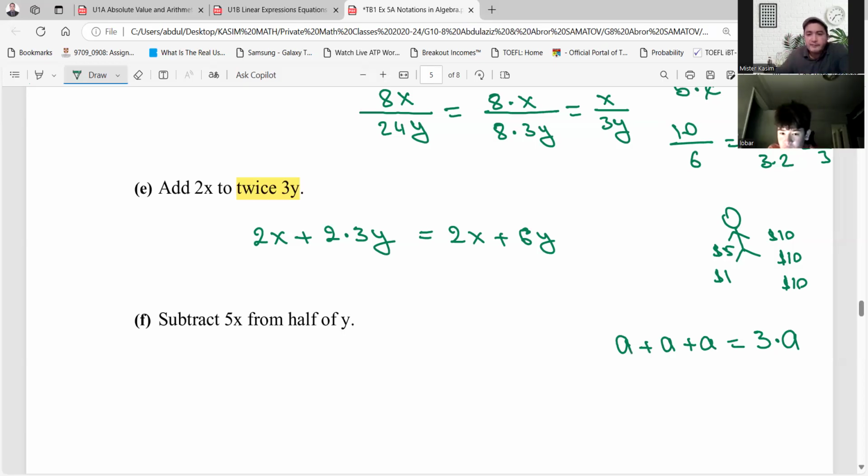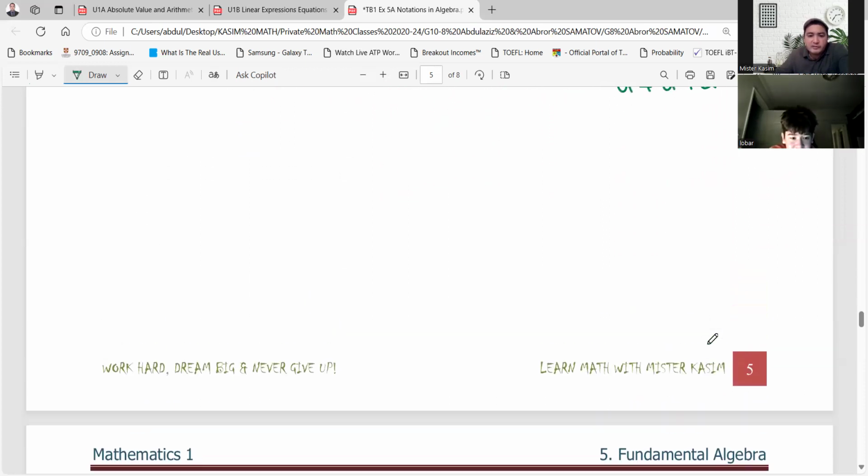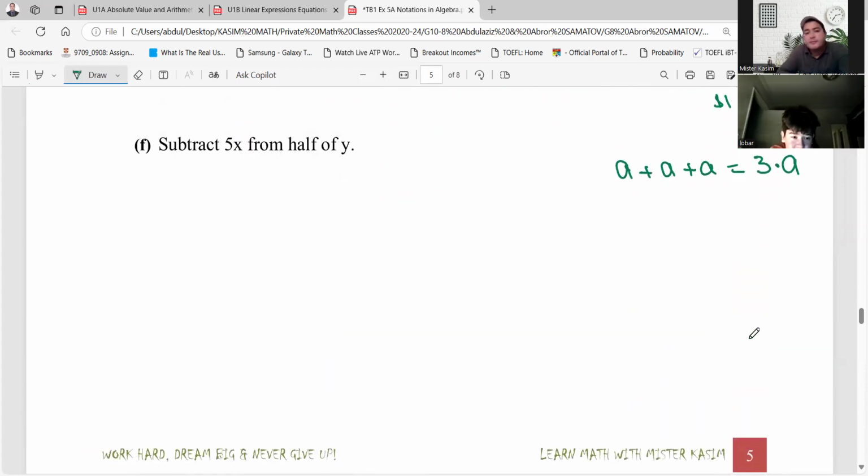Okay, F. Let's do F and we'll finish the class, okay? F. Subtract 5x from half of y. Half of y, right? What is half of y? One over 2 times y, right? So it's 1 half. Half of y means 1 over 2 times y. Subtract 5x from this. So we are subtracting 5x from half of y.